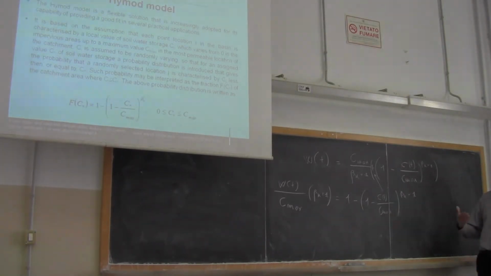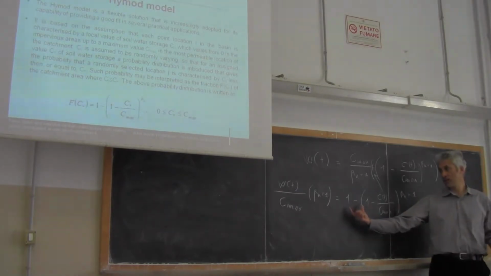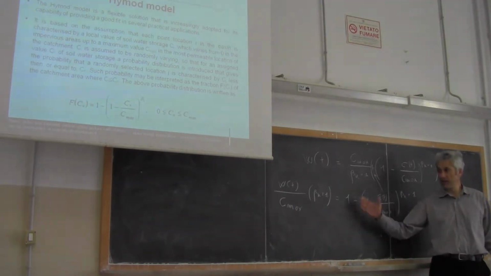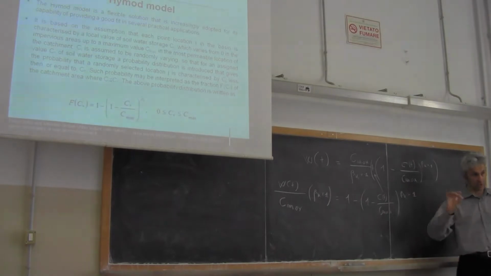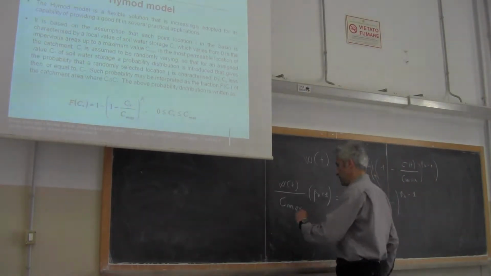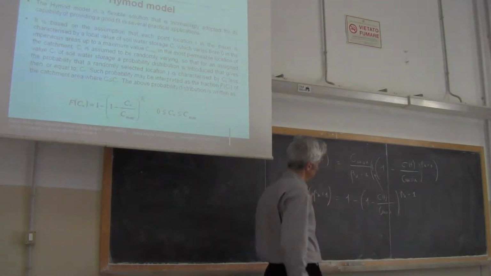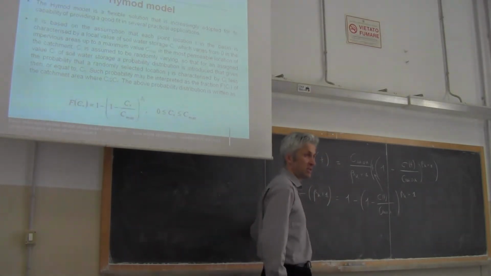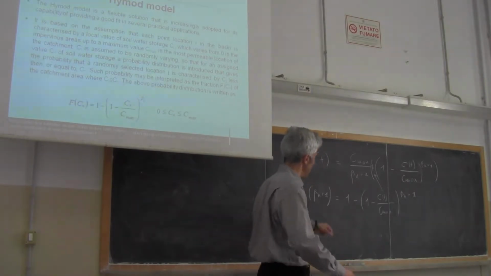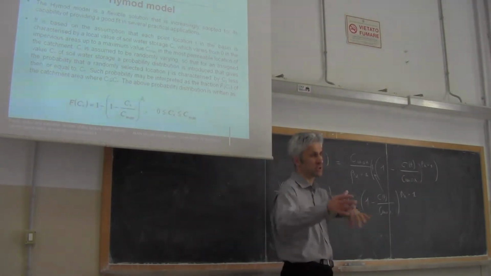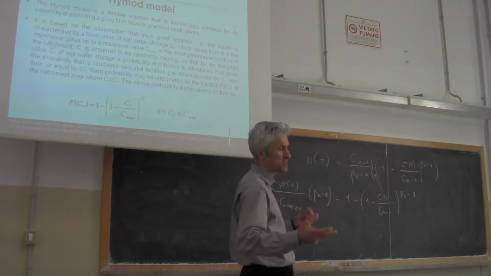Okay, the next step is to take this 1 and bring it on the left-hand side. So this is very simple. I'm just rewriting. When I do this, let me change the sign left and right, because otherwise I keep a minus here, which is disturbing, at least to an engineer.